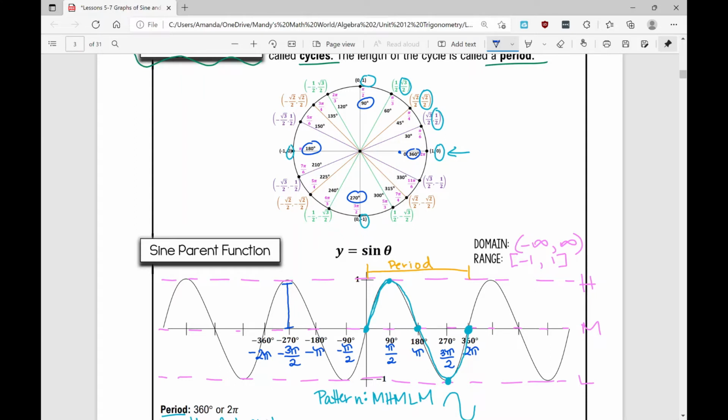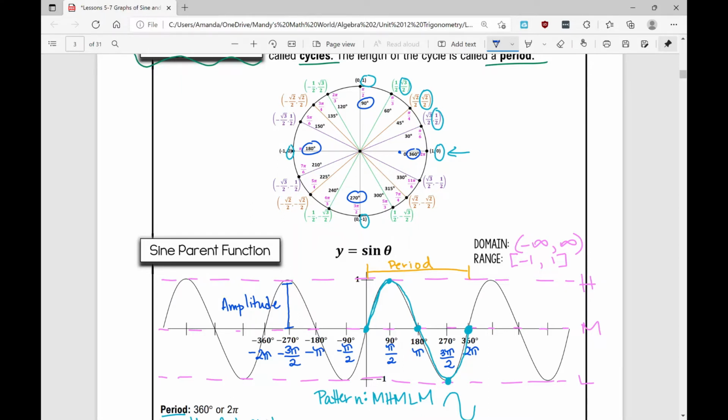Our midline is at our x-axis, which is y equals 0, and then our high line is at 1. That is called the amplitude. It's just the distance from your minimum or maximum values and from your midline. So the amplitude of your sine parent function is just 1.